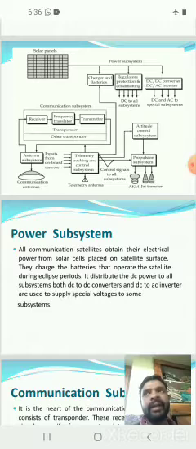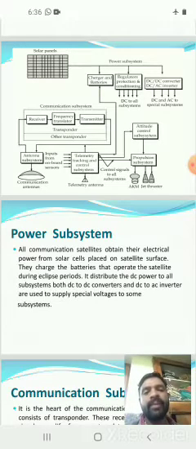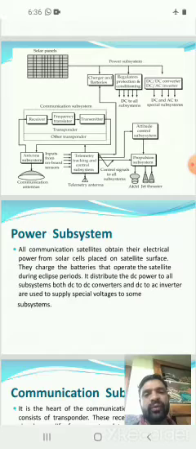In this way, in the daytime the sun's energy is received by the solar panels and batteries are charged. At night, the charged batteries help the subsystem keep running. So all equipment in the satellite runs on the power supply of the solar panels.